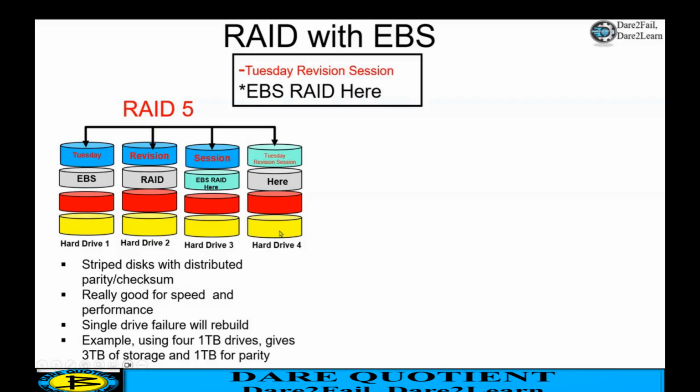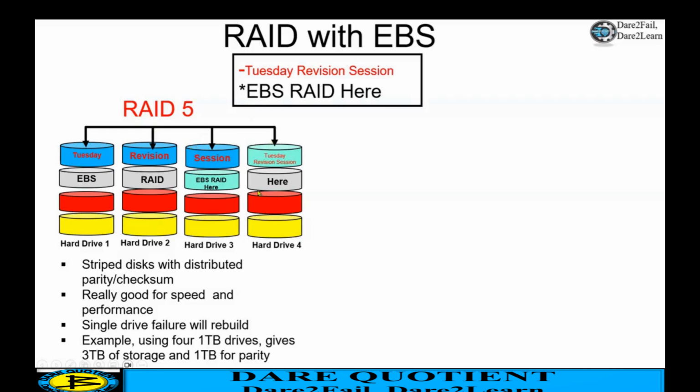Now, the good thing with RAID 5 is you get both speed and performance. With RAID 5 as well, if a single drive fails, you have your parity, which you can use to recover the failed hard drive. So for the first statement we had, "Tuesday revision session", let's say hard drive 3 fails.